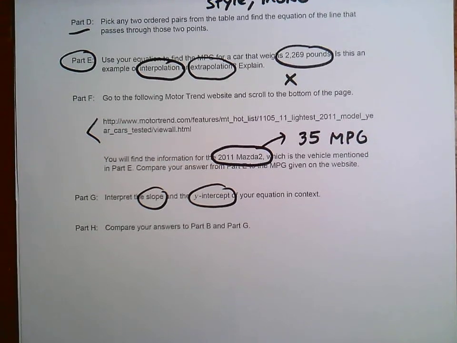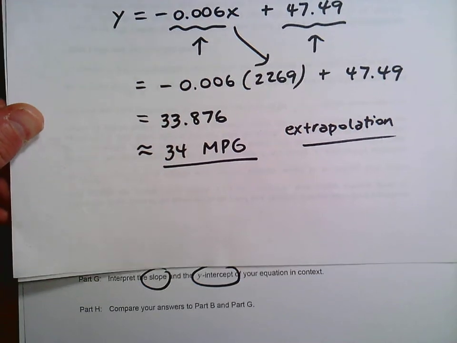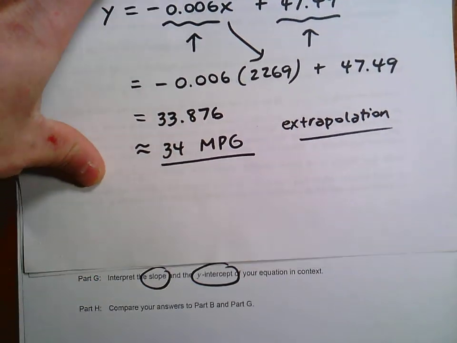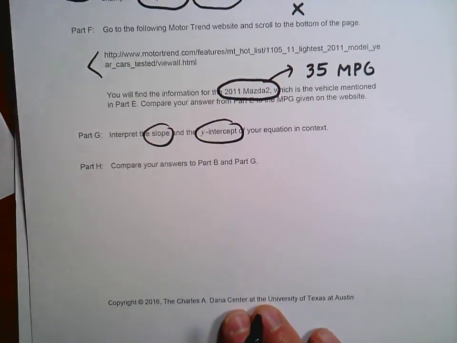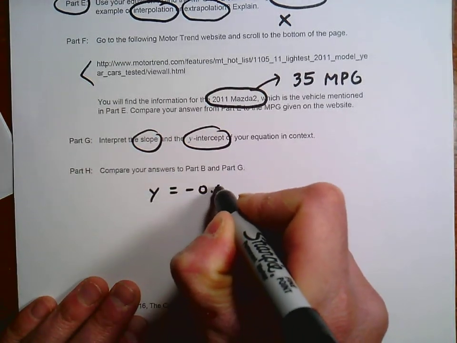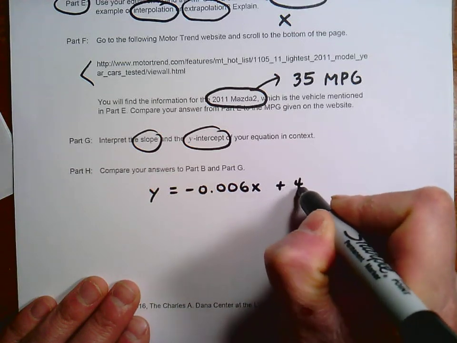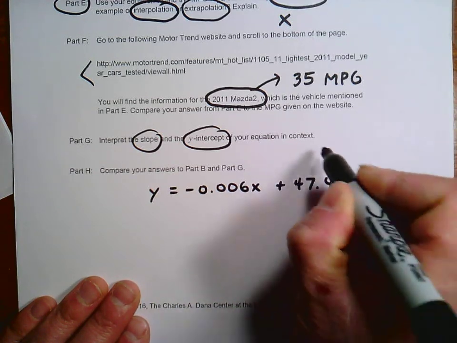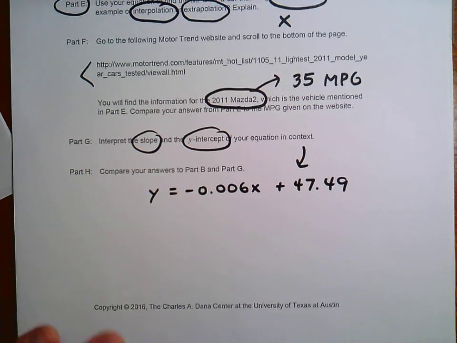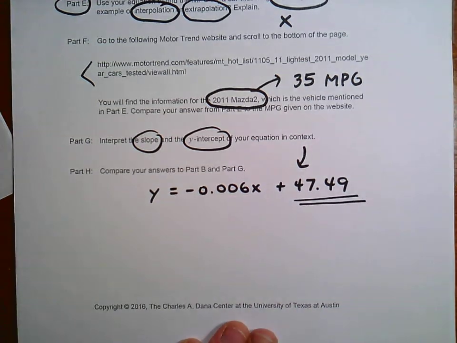And so we'll have to come back to the model here. So maybe I can write this here so I have some space. Interpret these in context. So the y-intercept is this thing here.